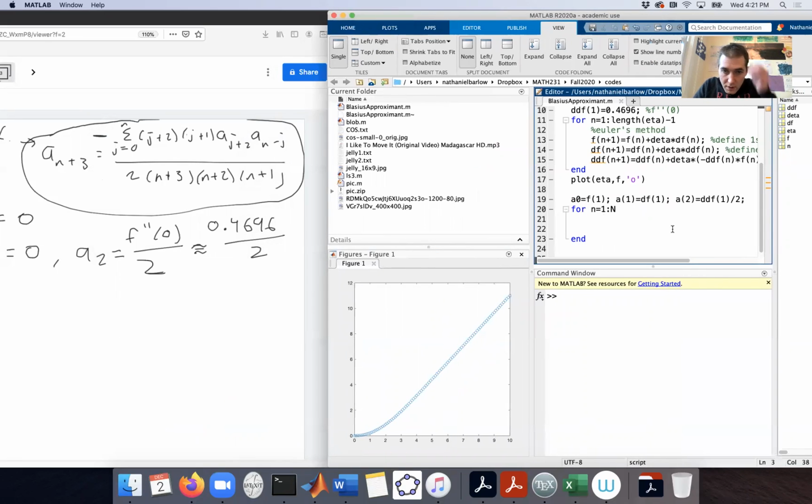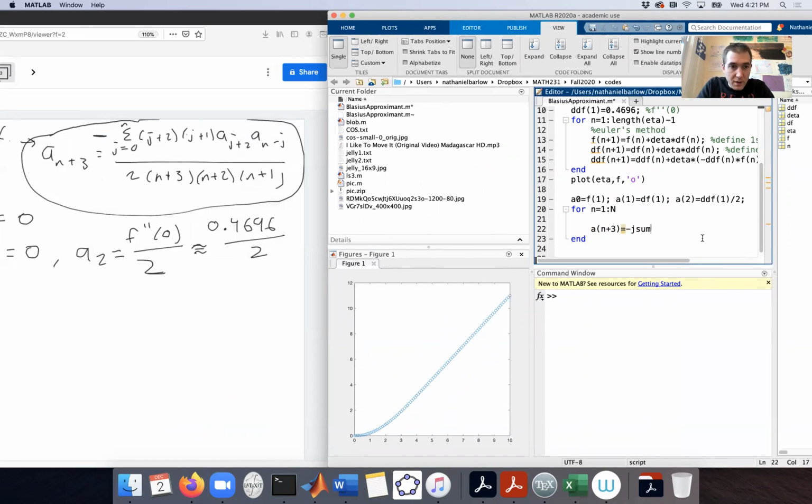Okay, so first I'll just start by saying A of m plus 3, I'm just copying over what I have here circled in, equals negative. Now I'm just going to call this J sum for a while, and we'll define J sum up above.